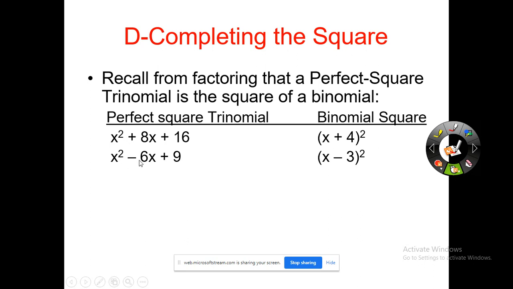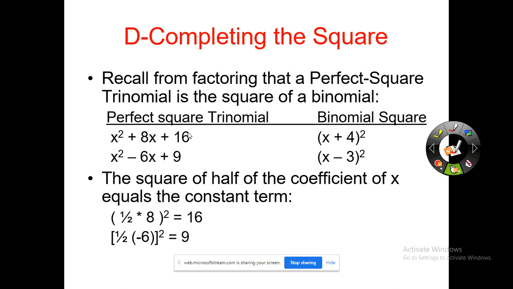I can also see x squared minus 6x plus 9. It's x minus 3 squared. In this part, you will see the beginning of the identity, but the 16 is not there, the 9 is not there, it's missing. I need to do something to let it appear. So what are we going to do?